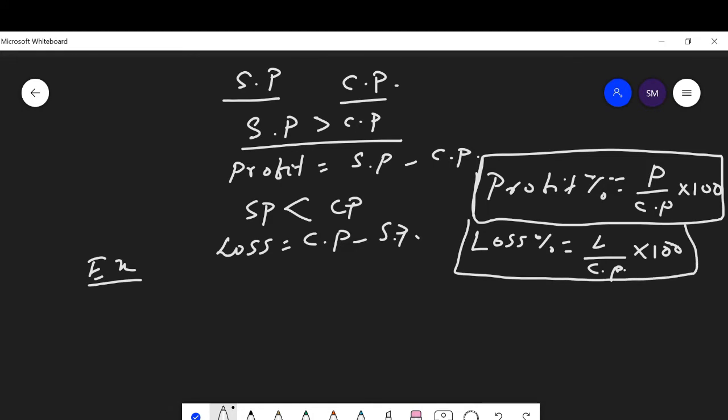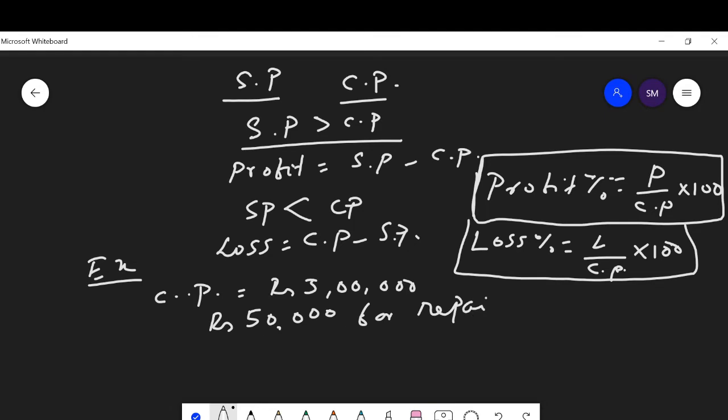Here the question says a property dealer purchased a flat for 5 lakh. The cost price of the flat is rupees 5 lakh. Then he spent 50,000 on repairing. 50,000 rupees is charged for repairing.